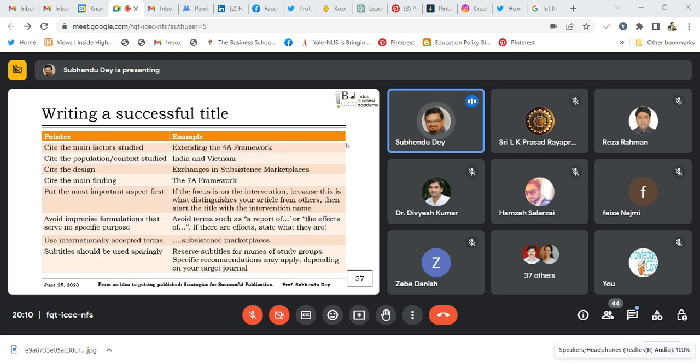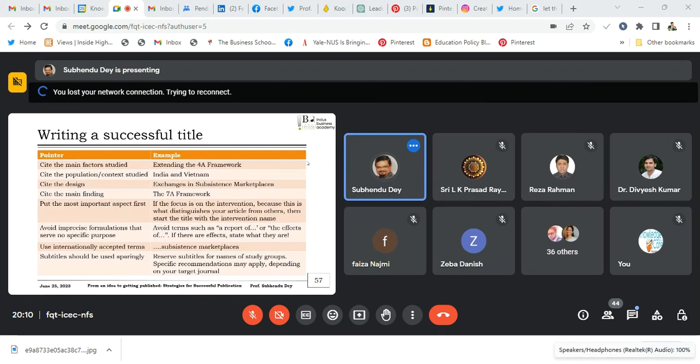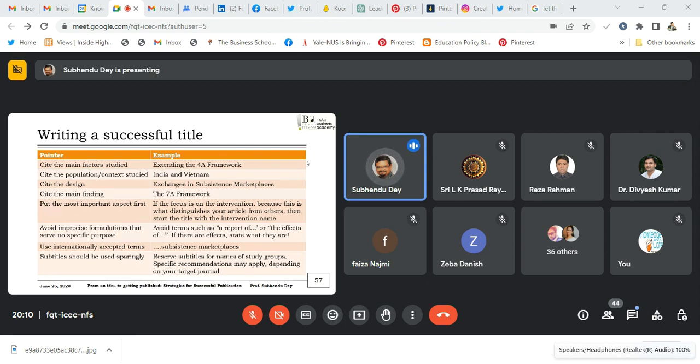That is something which you will anyway get, but your acceptance rates could be much higher because of that. All right, so for example, if we look at this in the title: cite the population or the context studied. Do you find India and Vietnam there? Yes, sir.